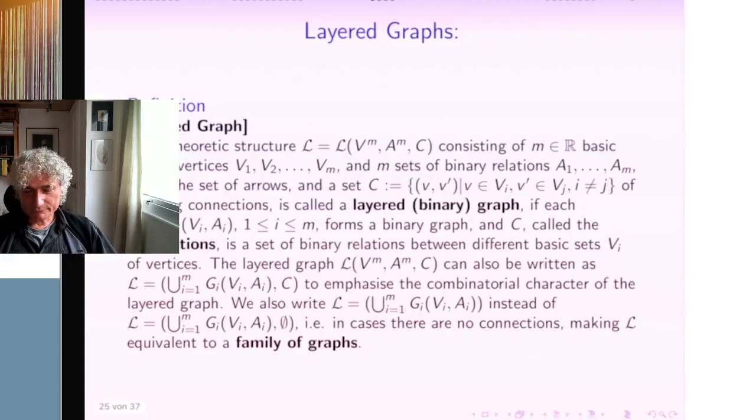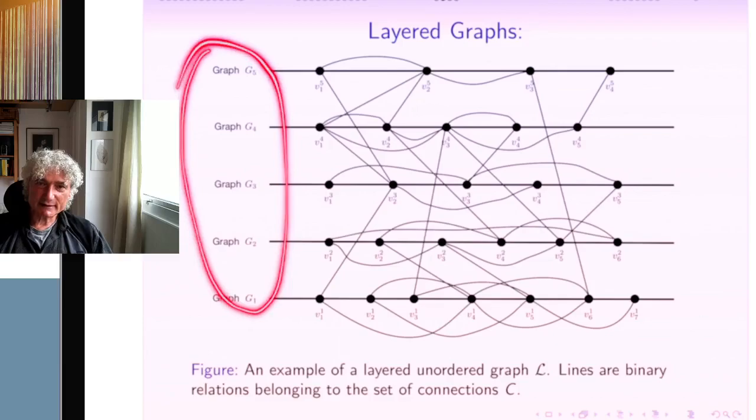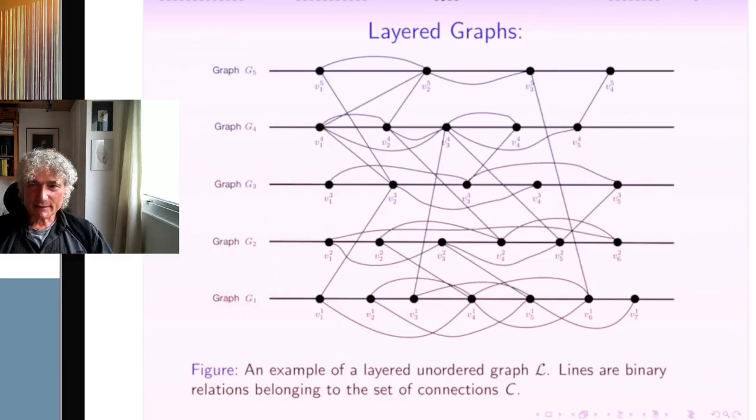An illustration of that is given here. So here you have just these 5 different graphs. They are also drawn as layers, but now these layers are so far completely unconnected. But now you can draw these connections between them, and then they become connected.